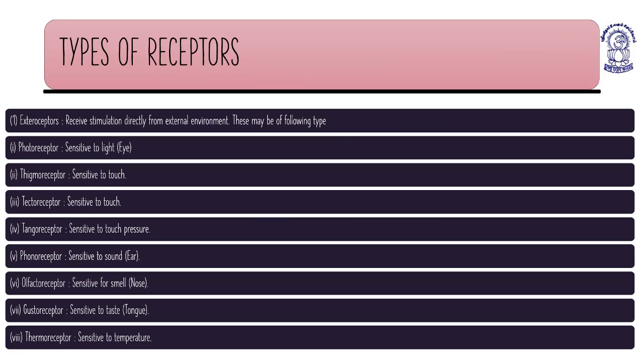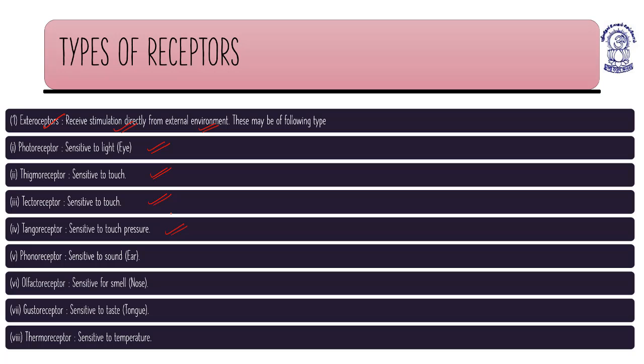Now we are going to discuss the types of receptors. Receptors are classified on the basis of the type of stimuli they receive. Exteroreceptors receive stimulation directly from the external environment. Exteroreceptors can be of the following types: photoreceptors, which are sensitive to light, that is the eye; thigmoreceptors, which are sensitive to touch; tactoreceptors, which are sensitive to touch; tangoreceptors, which are sensitive to touch along with pressure.